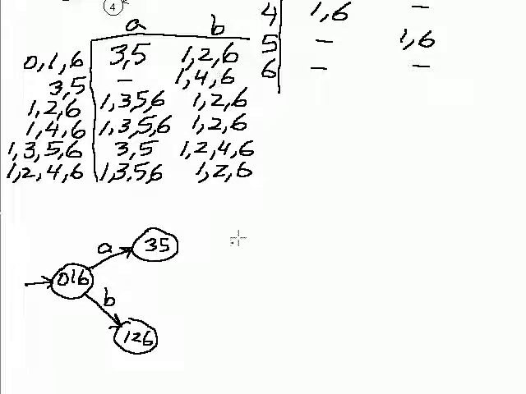On B I go to 1, 4, 6. Now state 3, 5 is finished. How about 1, 2, 6? On A I go to 1, 3, 5, 6, and on B I come back here. So let me do the B. Here's the B coming right back there. And on A, I go to 1, 3, 5, 6.